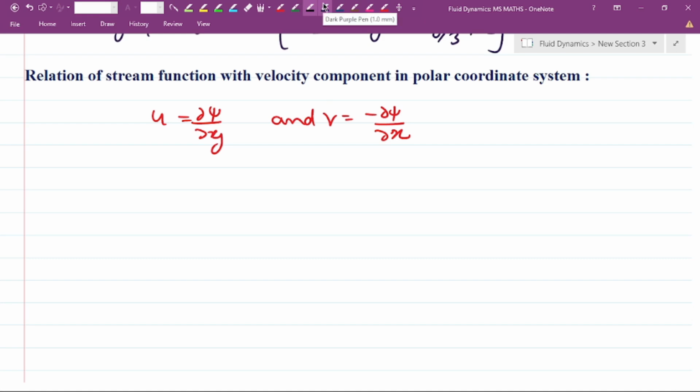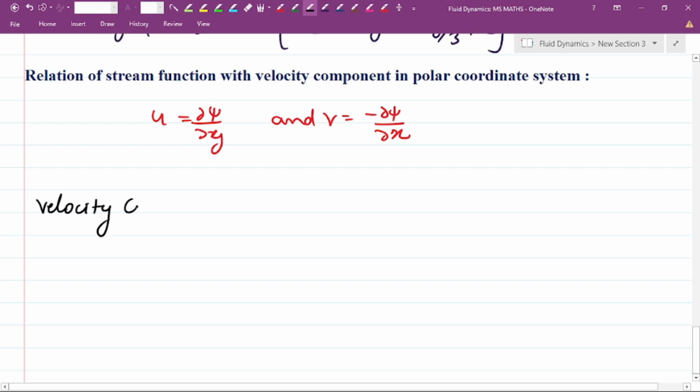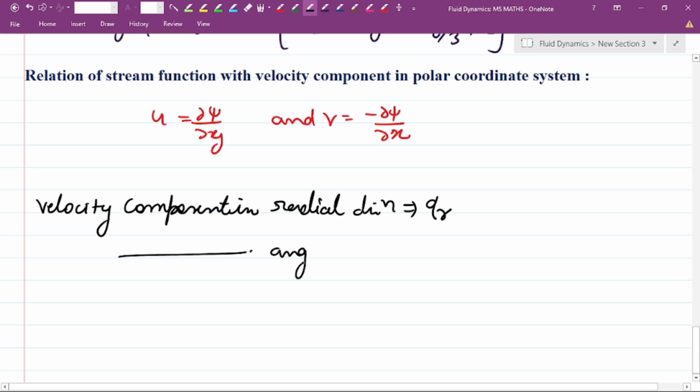In the polar coordinate system, the velocity component in the radial direction is basically q_r, and the velocity component in the angular direction is basically q_θ.